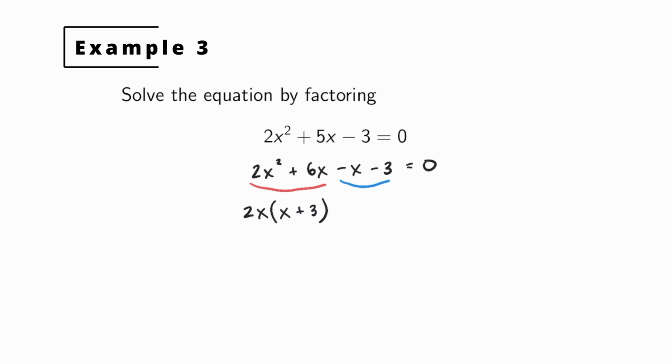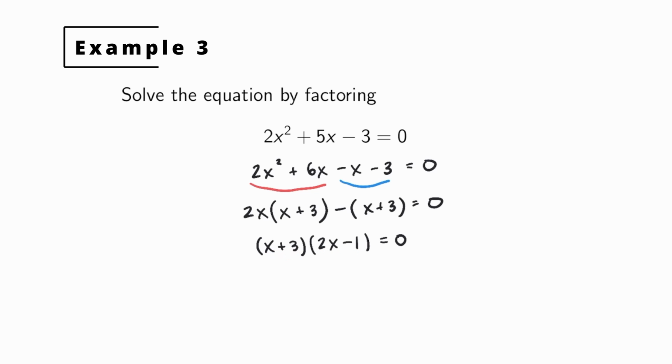And from the second two terms, if I factor out -1, it'll leave me with x plus 3. And now I have a common factor of x plus 3 amongst these two terms. So factor out the x plus 3, and we'll be left with 2x from the first term here, and then -1 from the second term.